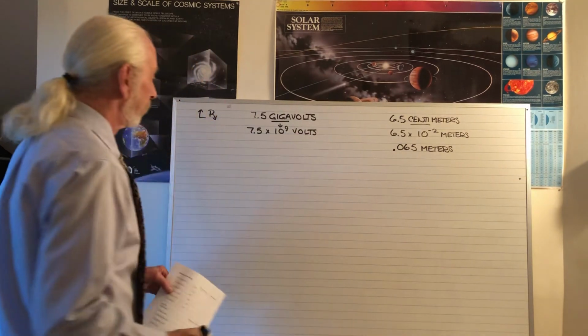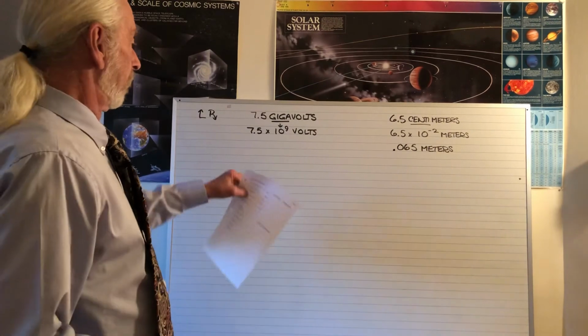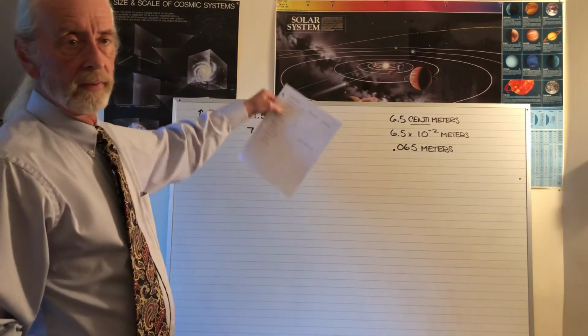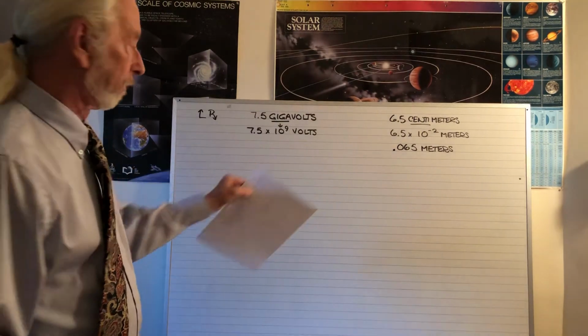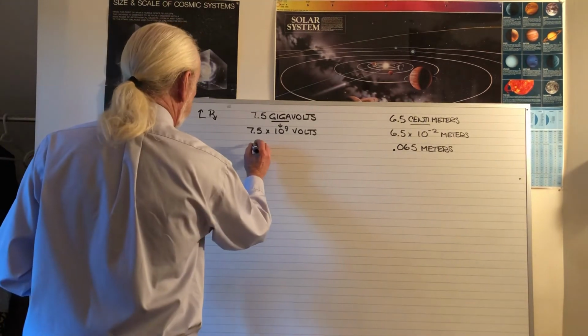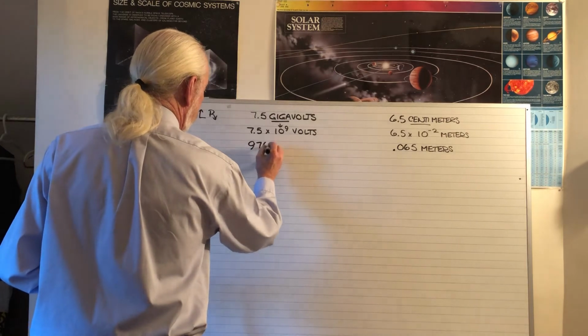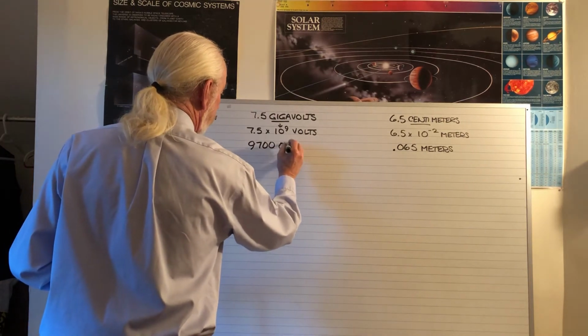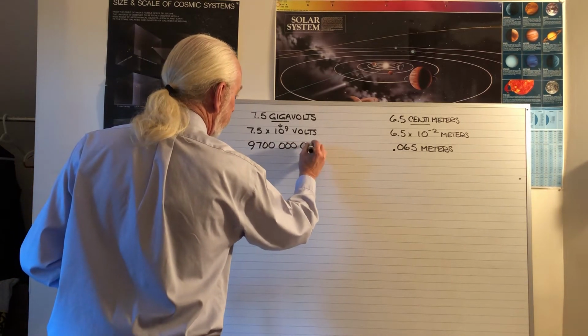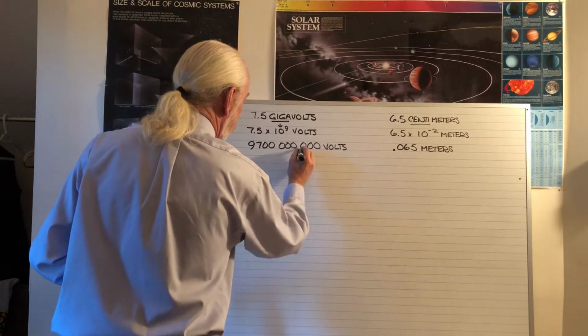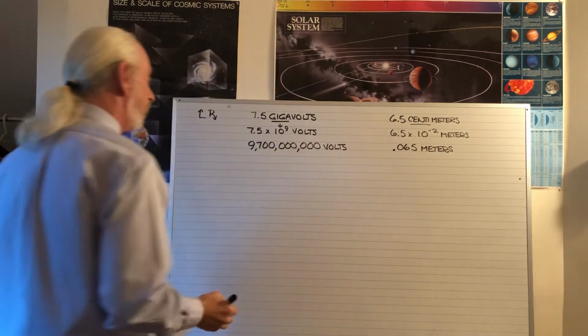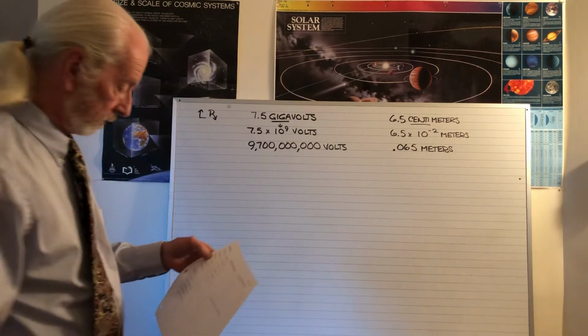Now I'm going to go to standard notation, 10 to the 0, 9 to a 0. My exponent is going down. My decimal goes to the right. 7,500,000,000 volts.